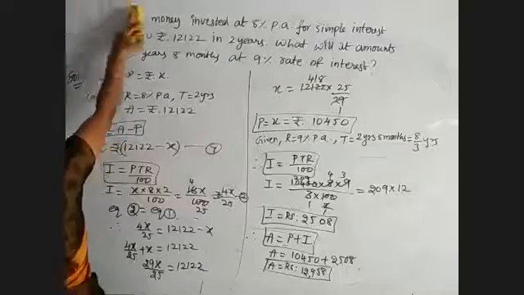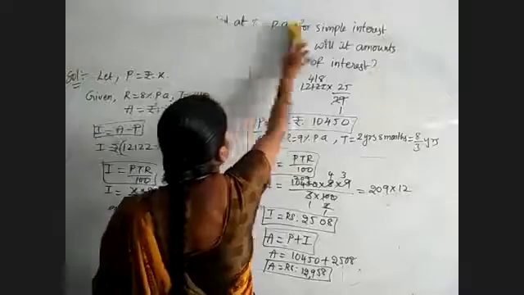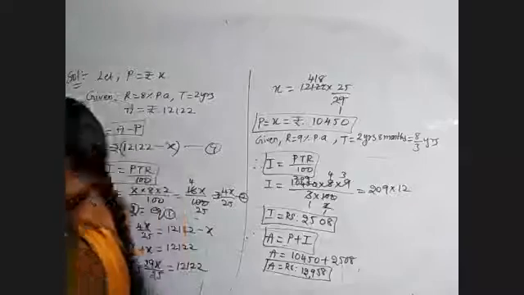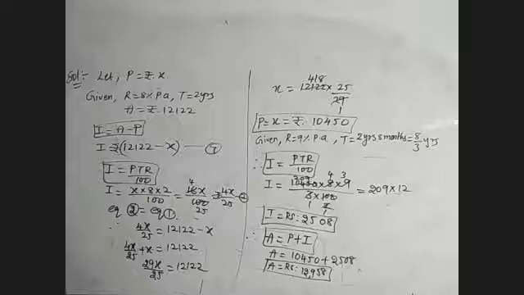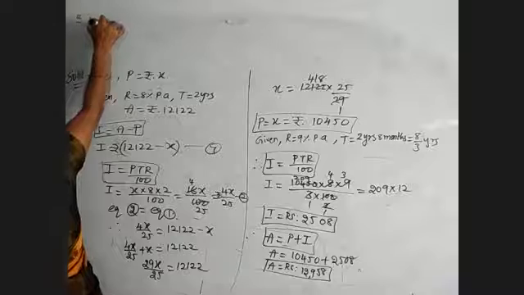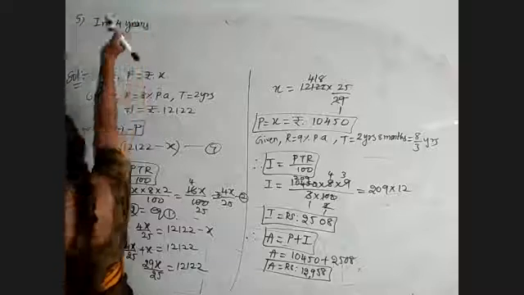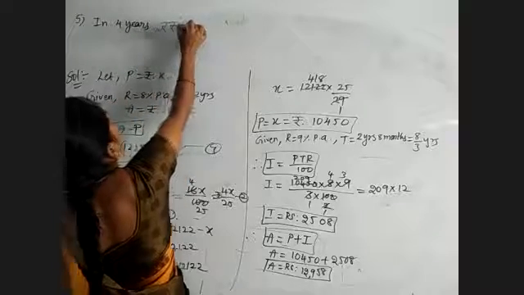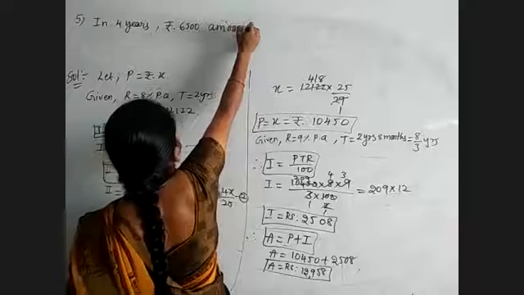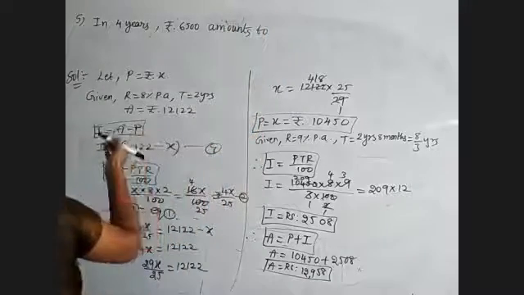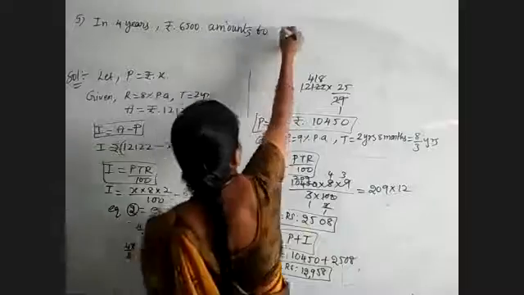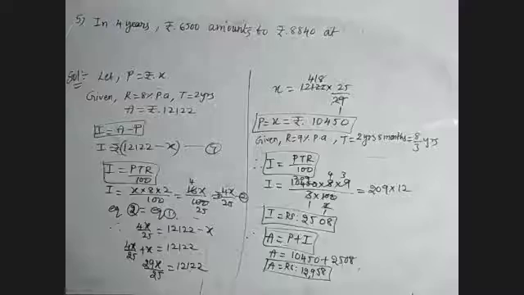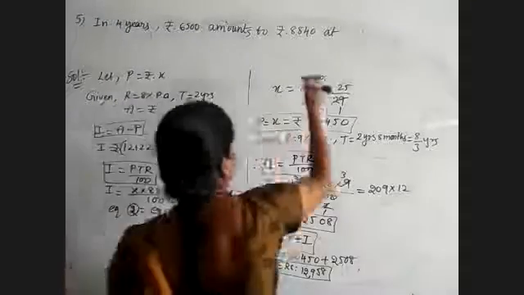Now coming to the next problem. In 4 years, 6,500 rupees amounts to 8,840 rupees at a certain rate of interest.